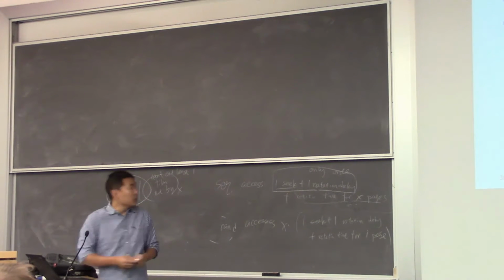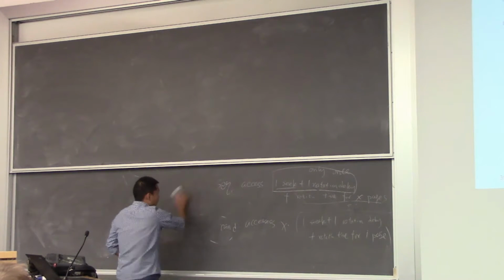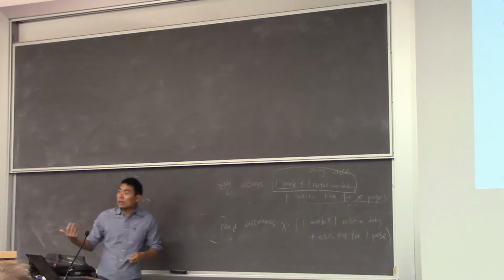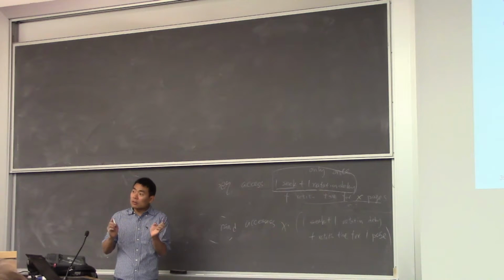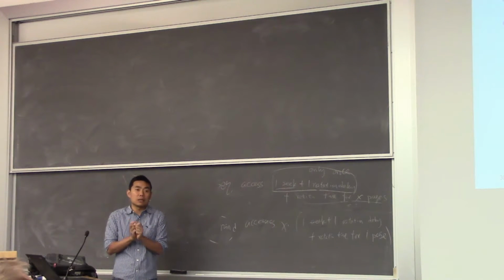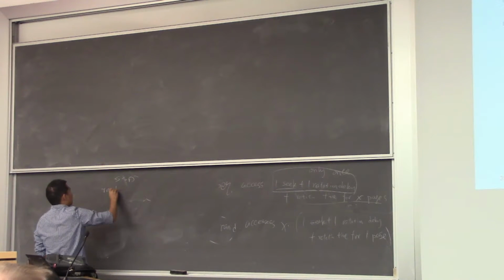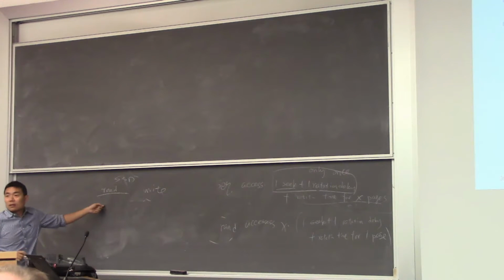So when it comes to SSD, by the way, for hard drive, it makes no difference between read and write. Either you're reading or writing data, this is the cost you pay. But for SSD, there's a significant difference between read and write. For read, very simple.